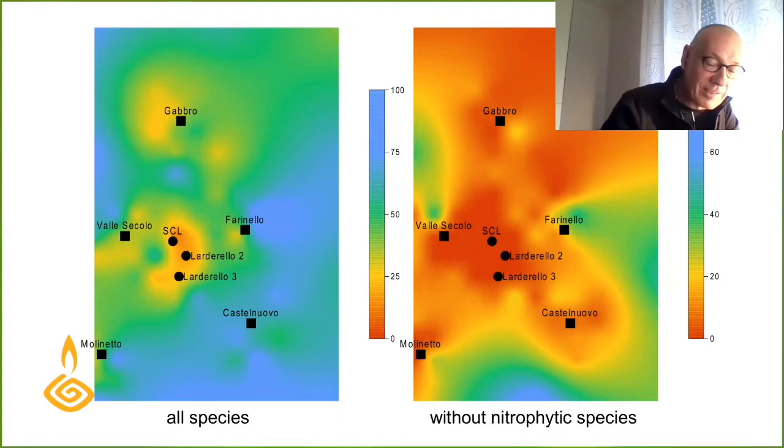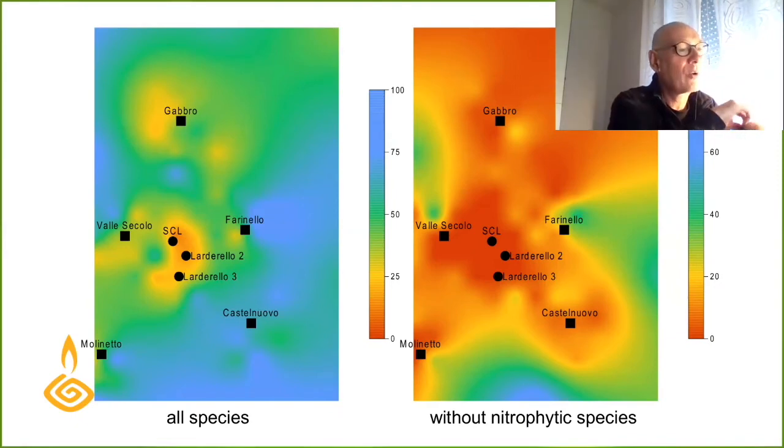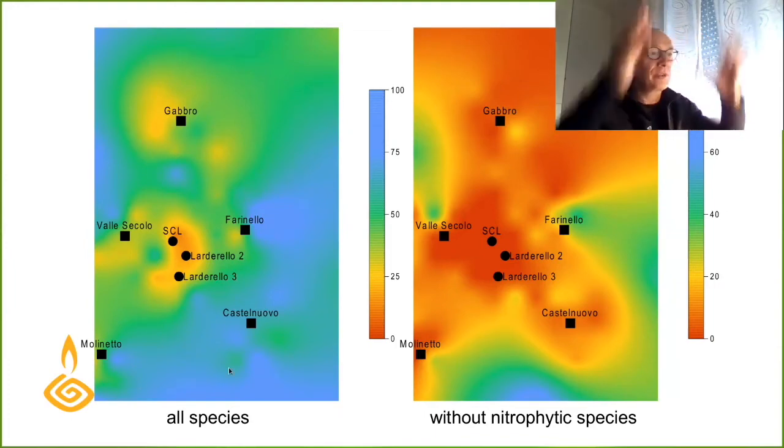We were, of course, kidding, joking with this result, because we tried to say, okay, it's on top of a hill, probably there is more wind, which caused the movement of the air masses without any stagnation of the air, so less pollution for the lichens and so on. But everything became very clear when we removed all nitrophytic species from the calculation of the index of lichen diversity. This is a calculation of the index of lichen diversity with all species present on the trunk.